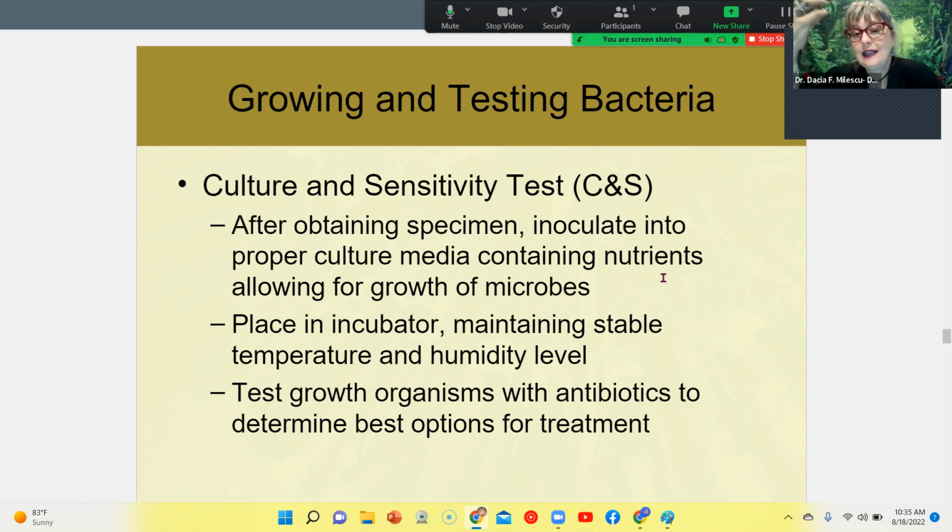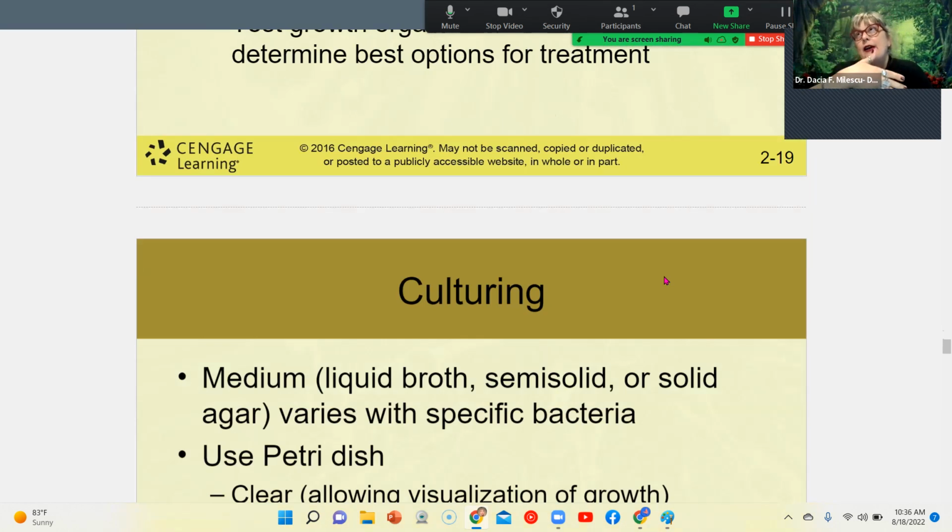You place it in an incubator, you allow them to grow under proper temperature and humidity, you let them grow. And once the cultures grow, then you test these cultures with different antibiotic discs to determine the best treatment option for killing that culture. So that way you know how to kill the bacteria inside the body of that patient.